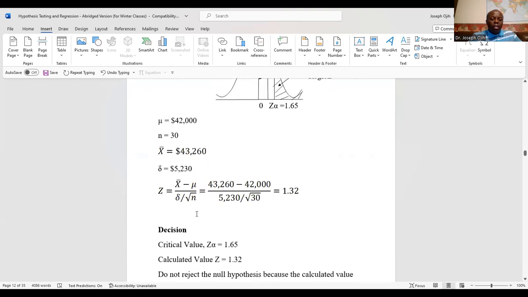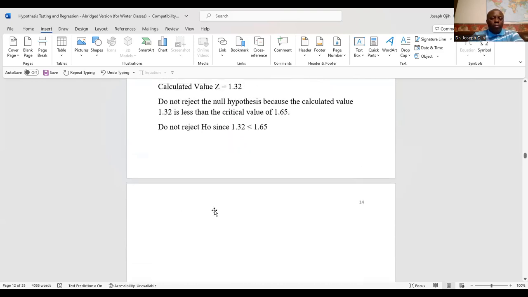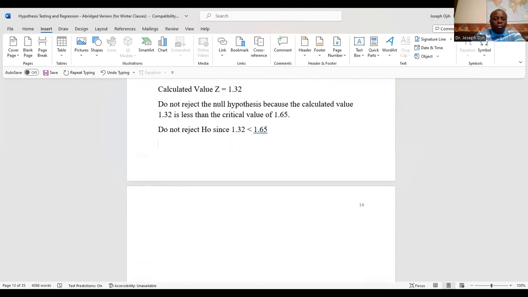So our conclusion will be: there is insufficient evidence to support the claim.